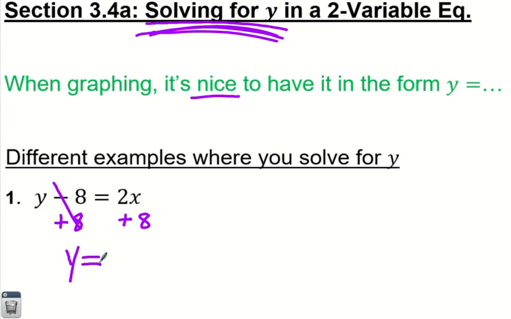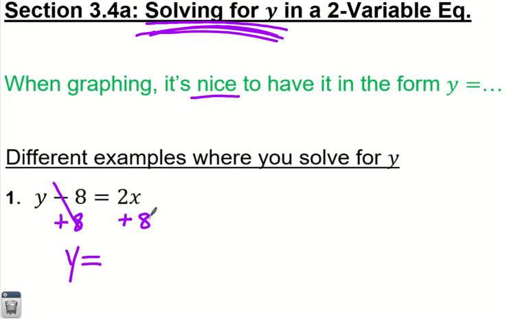But what does the right side become? What is 2x plus 8? Well, you need to know that 2x plus 8, those don't add together. 2x and 8 are not like terms. They don't add together.